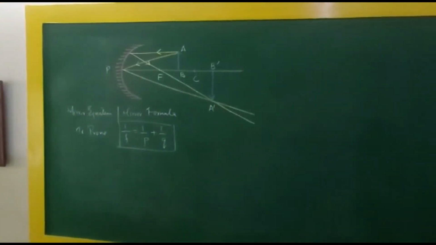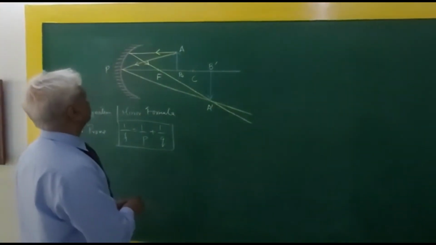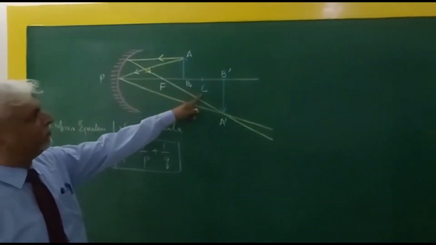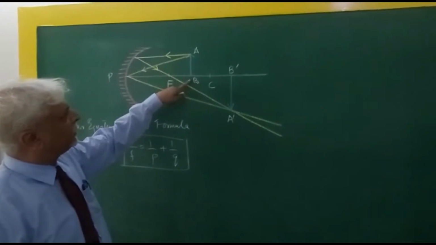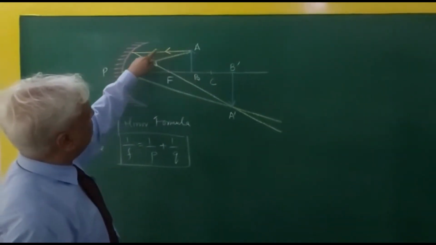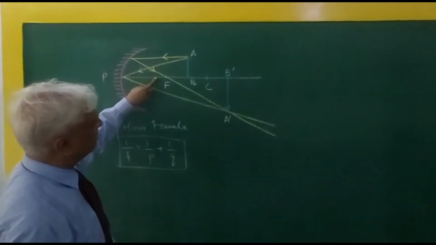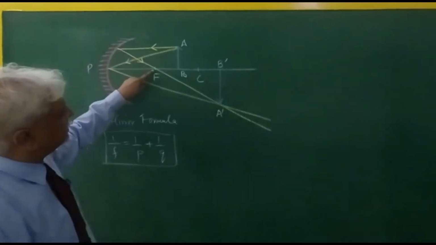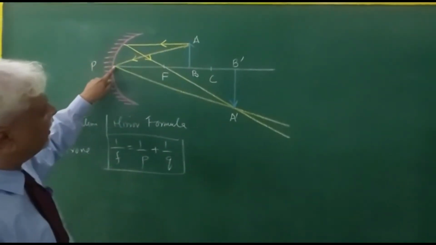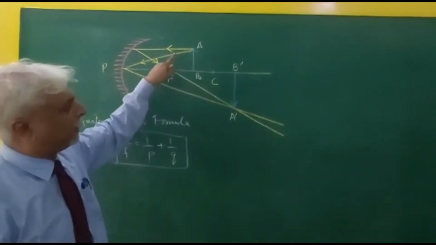Now let's say you have an object placed between the principal focus and the center of curvature. AB is the object. The first ray of light, which is parallel to the principal axis, will pass through the principal focus, and the second ray of light, when it strikes the pole of the mirror, will reflect back with the same angle.